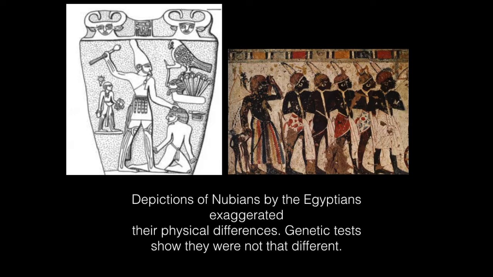And in the stylization, they are rendered much more naturalistically, so that if you look at the artwork representing Nubians, they seem like a completely different kind of person. Interestingly enough, genetic information about the people in the regions suggests that they did not look so very different from the Egyptians, and that it's the Egyptians who exaggerated this difference as a means of justifying their subjugation of these people.